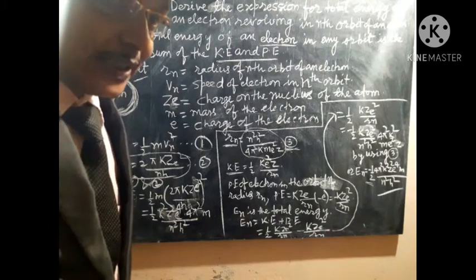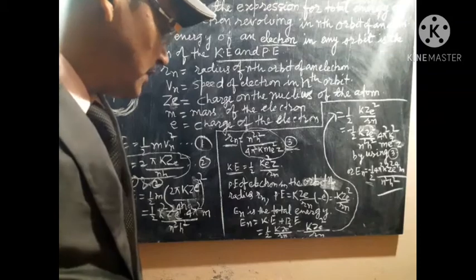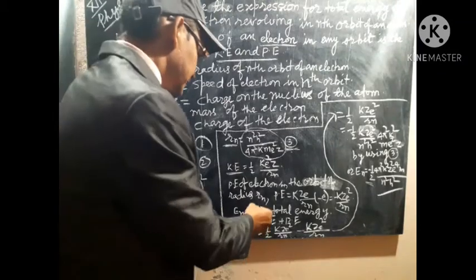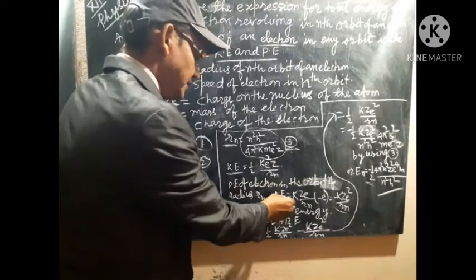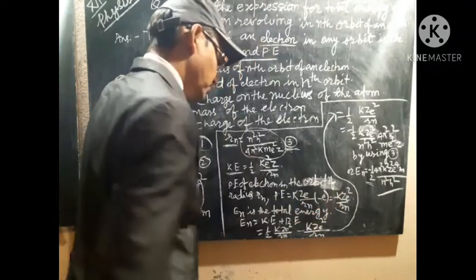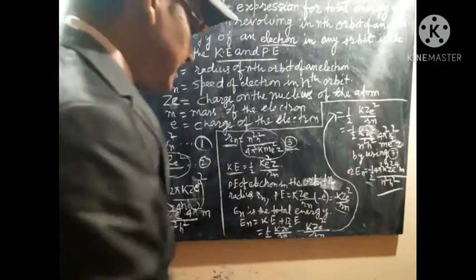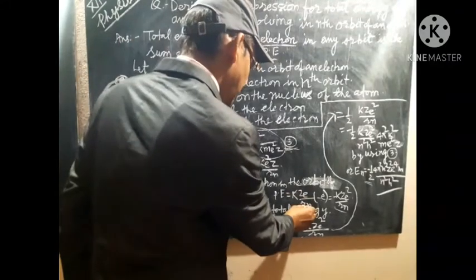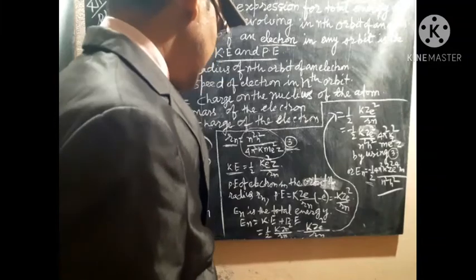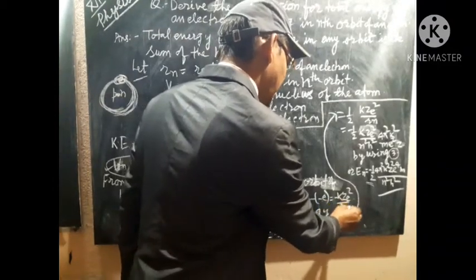You are understanding that an electron moves around in a circle, and this path is an orbit. Potential energy is equal to k Z e by Rn times minus e. You know potential energy is like mgh. So this will be equal to minus k Z e square by Rn.